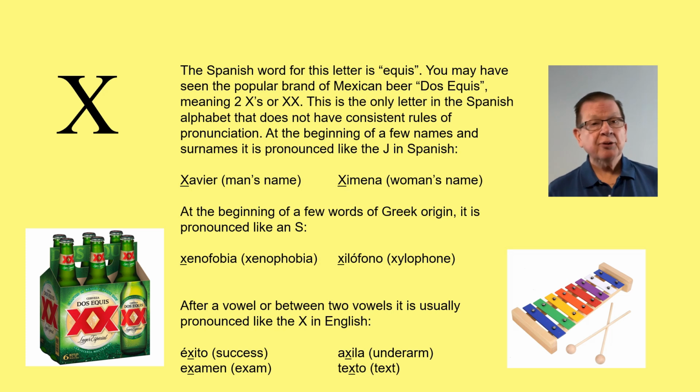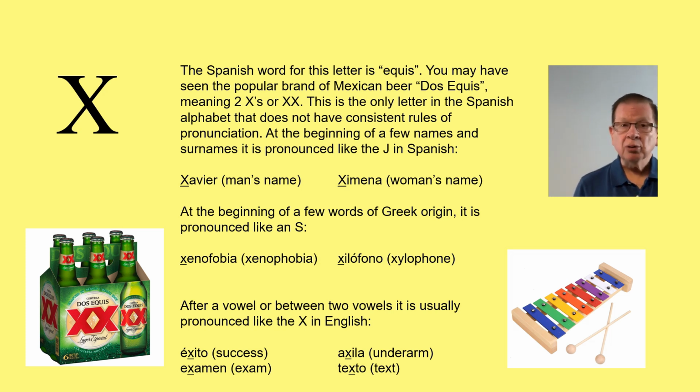At the beginning of a few words of Greek origin, it is pronounced like an S, xenophobia, xilófono. After a vowel or between two vowels, it is usually pronounced like the X in English, éxito, axila, examen, texto.